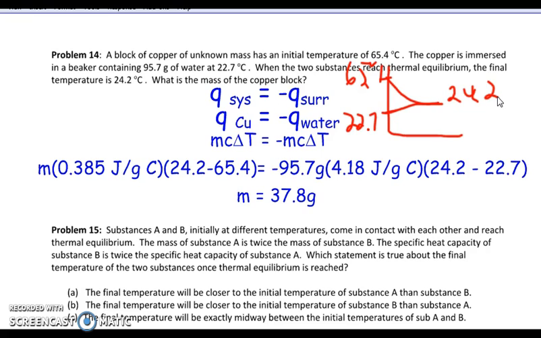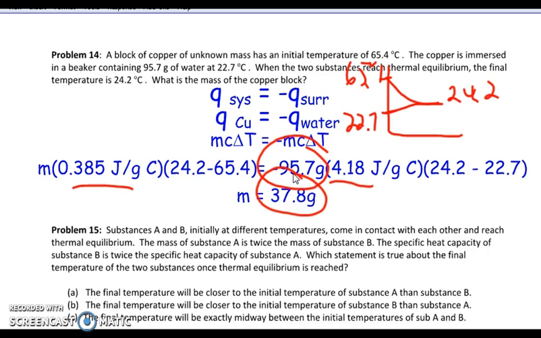Why is that? Well, the specific heat of water is a lot bigger than the specific heat of copper. It's more than 10 times as much. Okay, so what else? I have a fairly large amount of water, and it would make sense that I don't have that much mass of the copper.